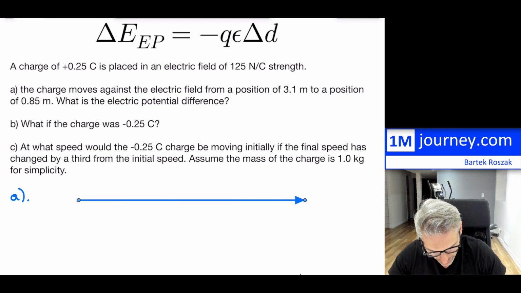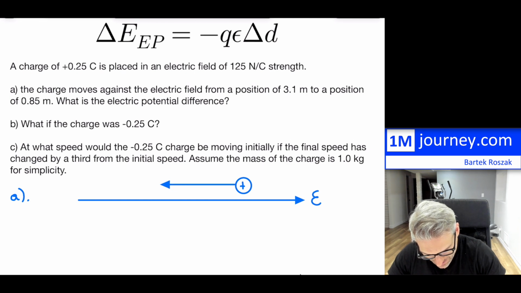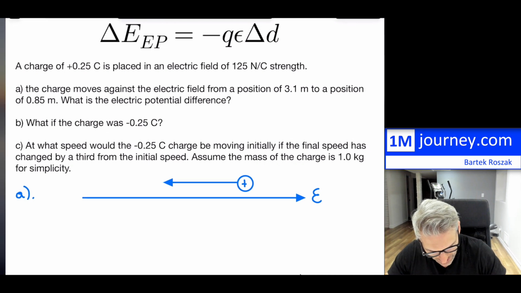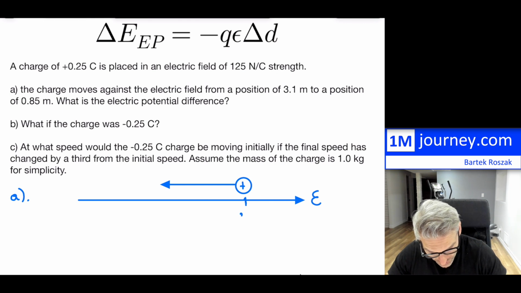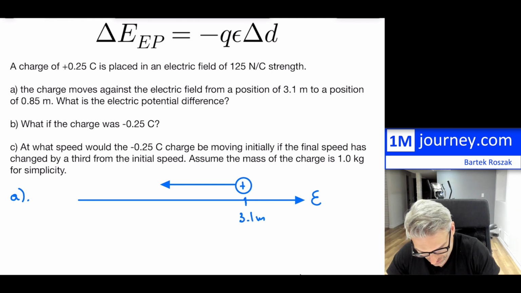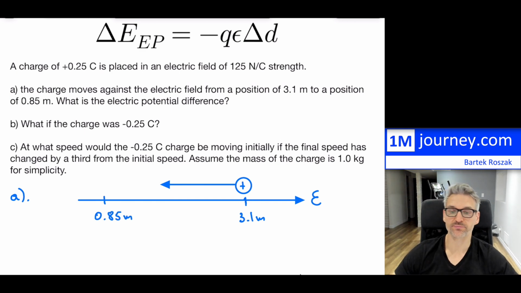So we have something like this. It doesn't matter in which direction you point your electric field, but you're moving your positive charge against it. It starts at 3.1 meters, and it's going to move all the way to 0.85 meters. So you know you're moving against the electric field.